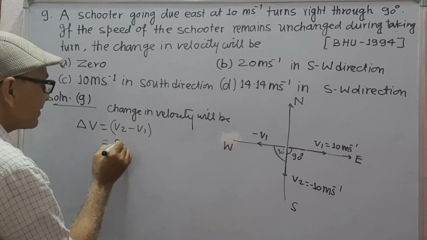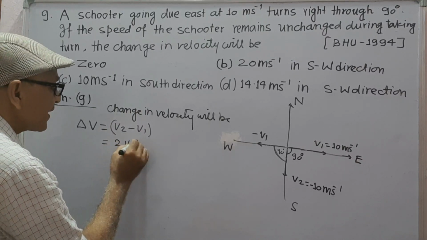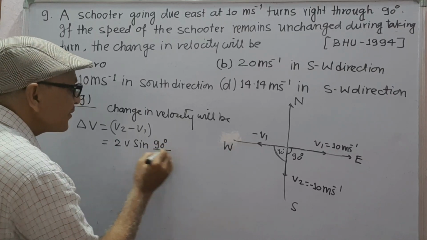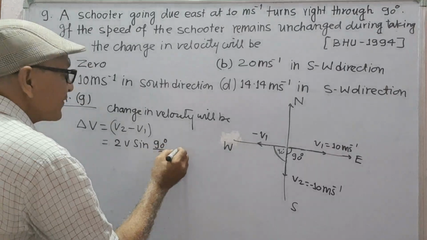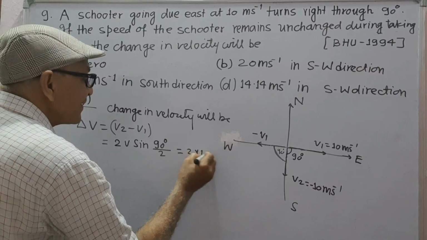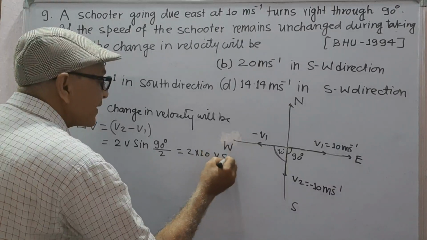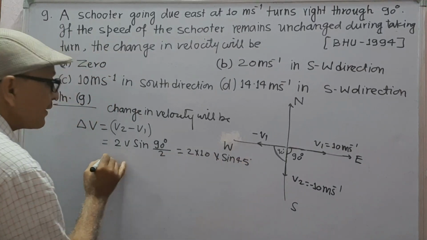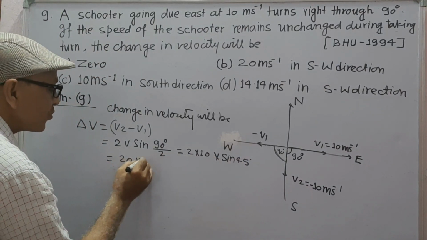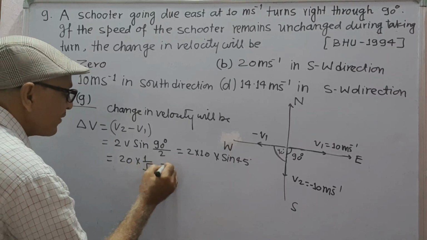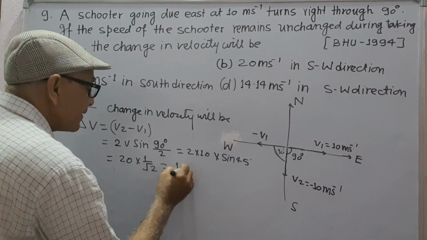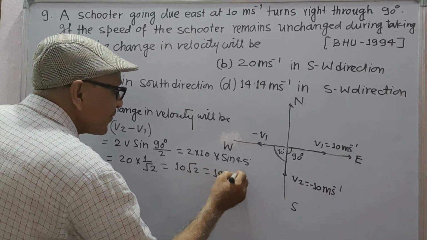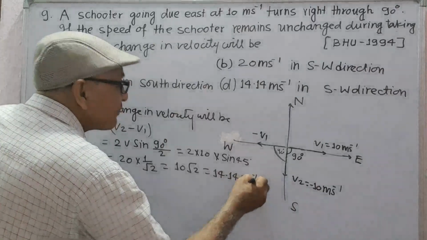Therefore, this can be written as 2V sin theta by 2, means 90 by 2. This is 2 into 10 into sin 45, so 20 into 1 upon root 2, which can be written as 10 root 2, which is 14.14 meter per second.